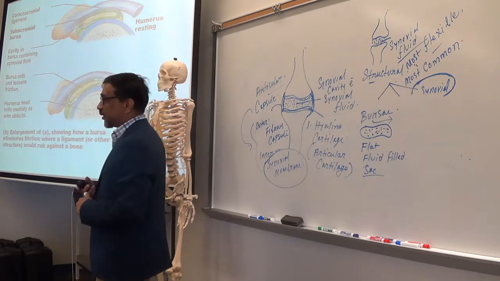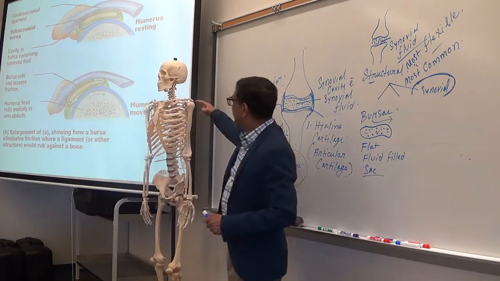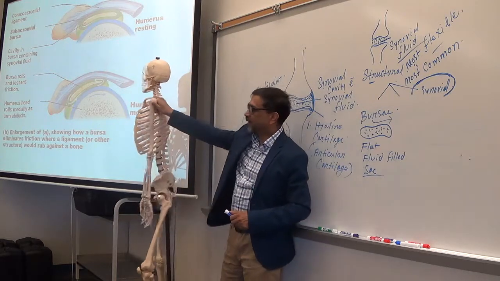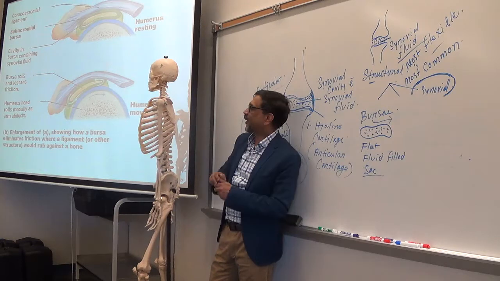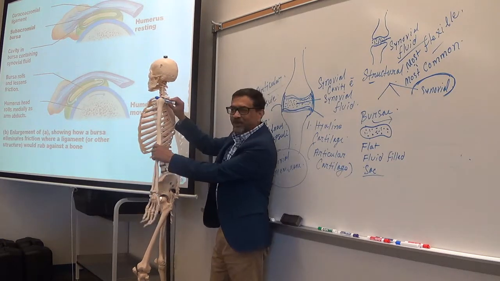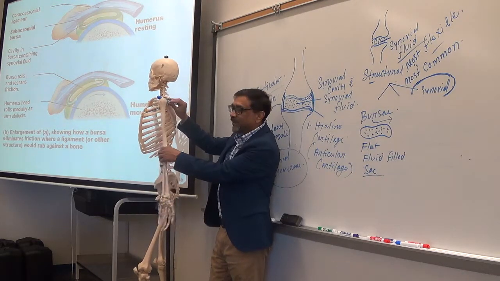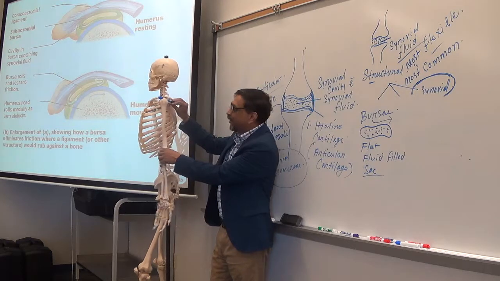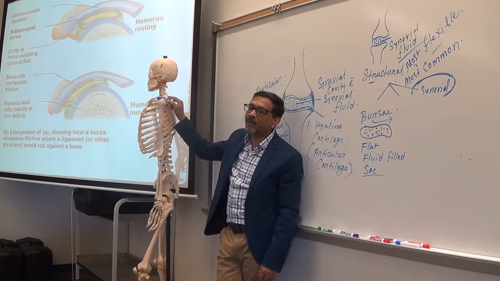Here is a good example of a bursa. This bursa is located here. See? In between these two bones. Here. Okay? And when you move your shoulder joint, the humerus, this bursa will roll like this. Now, this bursa is called subacromial bursa. Sub means what?